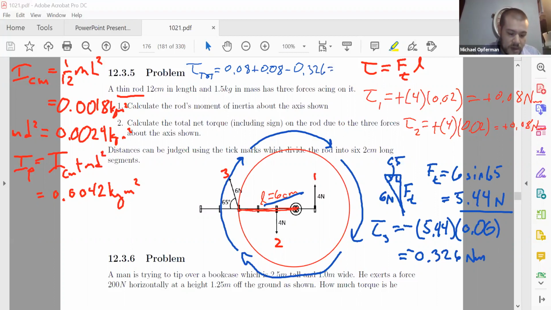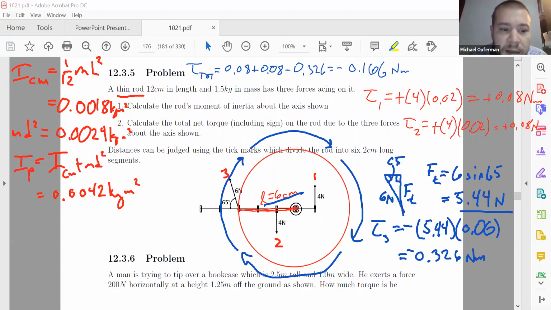So that's going to be negative 0.166 Newton meter.